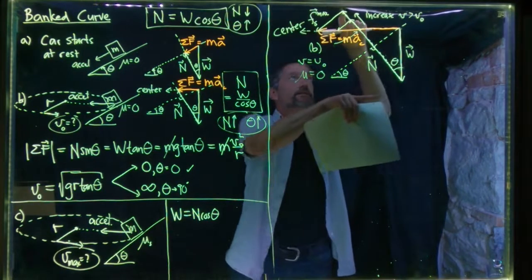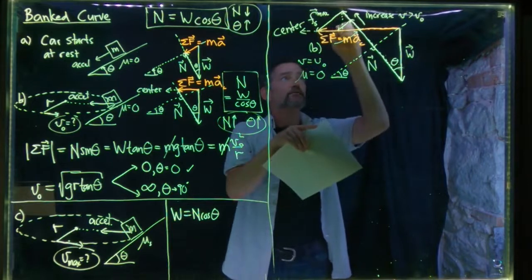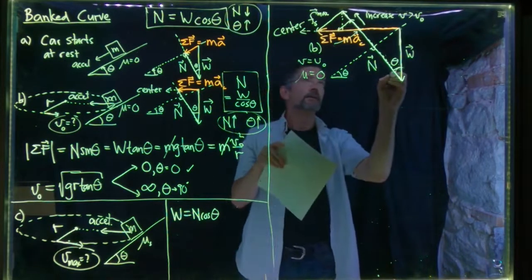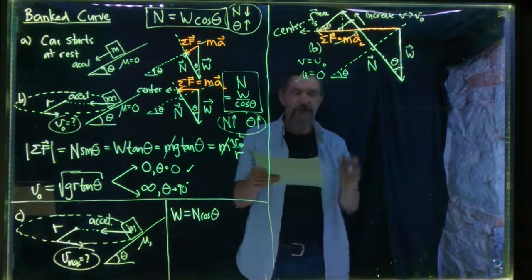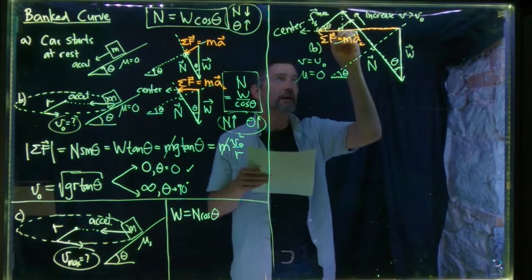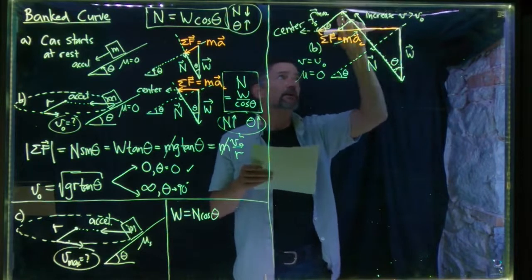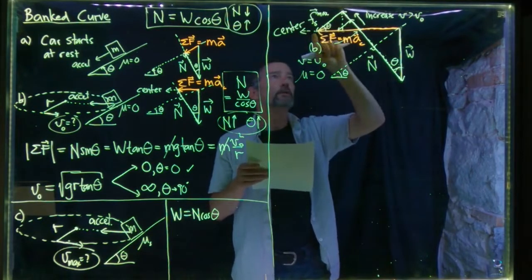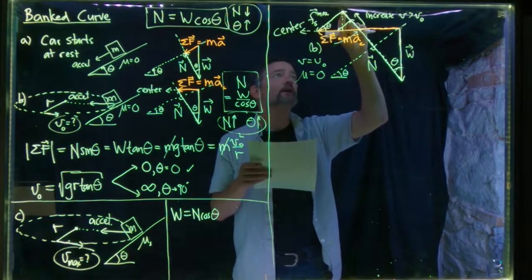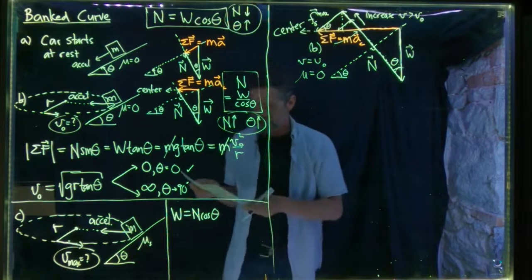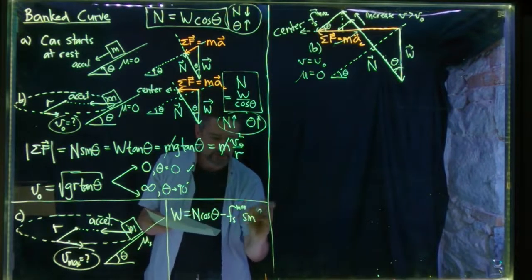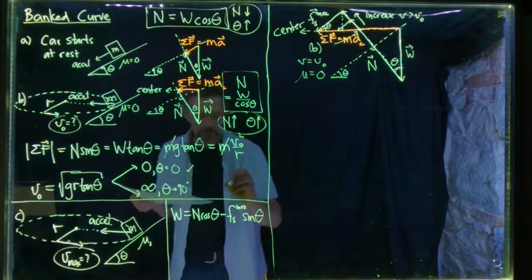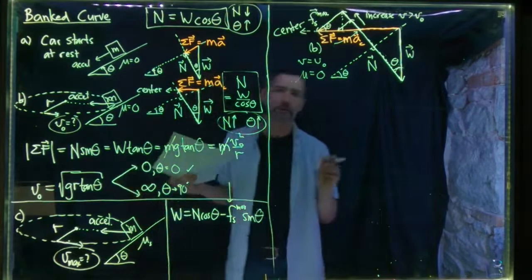That little distance is this side of the triangle. Okay, so if that angle there is theta, then this angle over here is theta. And so the length of this side here is equal to the hypotenuse, magnitude of Fs max, times sine theta. So this will be minus Fs max times sine theta. Okay? And remember, we don't have a formula for Fs.